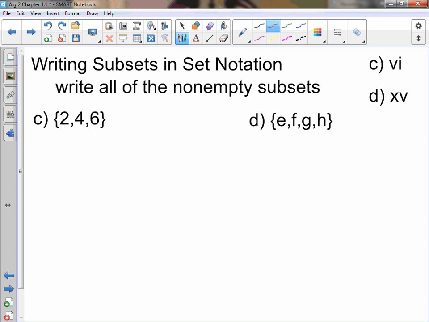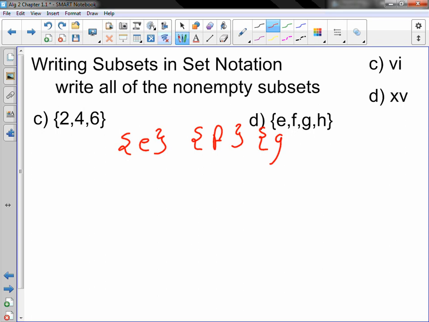So when we look at this one here, one of the elements we know for sure is E, F, G, and so each one of these can be a subset. What else can we have?